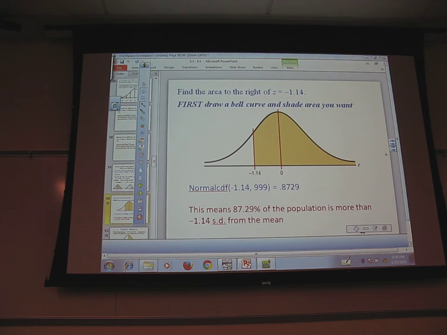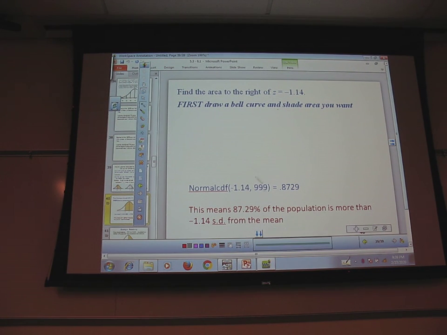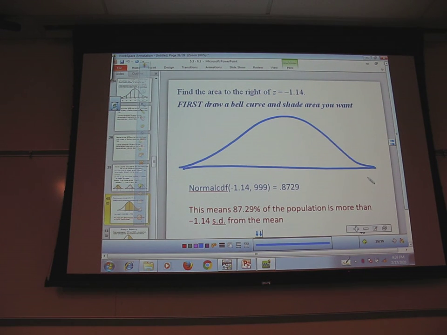So the first thing you should do is draw a bell curve and shade the area you want. First thing I'm going to do is draw a bell curve. So draw the little hill first, and then draw the line, because that's a lot easier. The line is easy to draw. And then, you guys listen up. Put a little marker right in the middle. That's where your mean is.